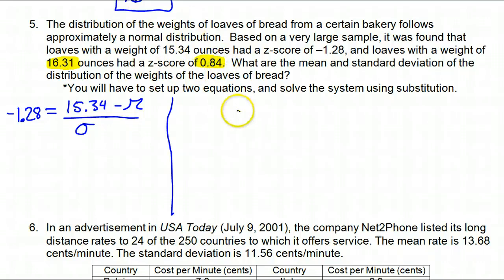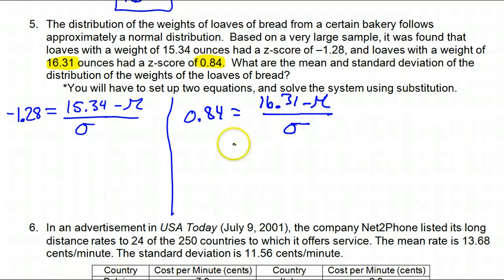So plugging those in, I have a z-score of 0.84 equals 16.31 minus the mean divided by the standard deviation. So I need to solve this system of equations using substitution.